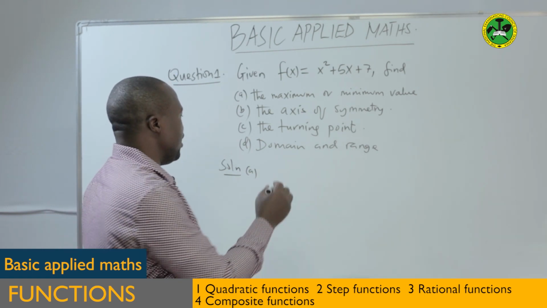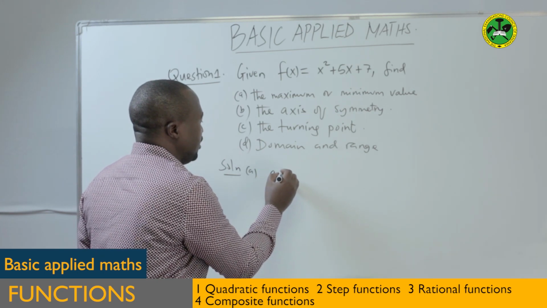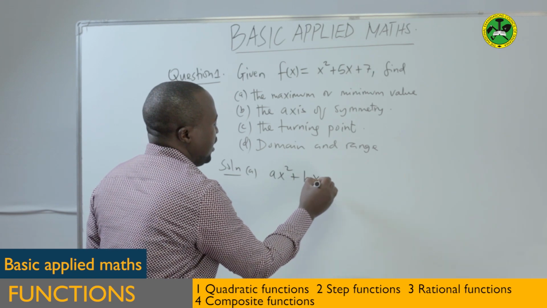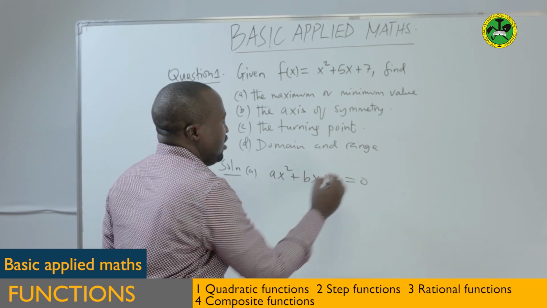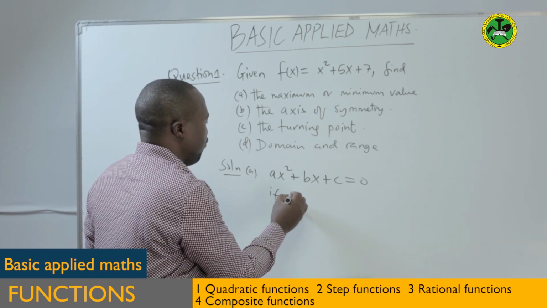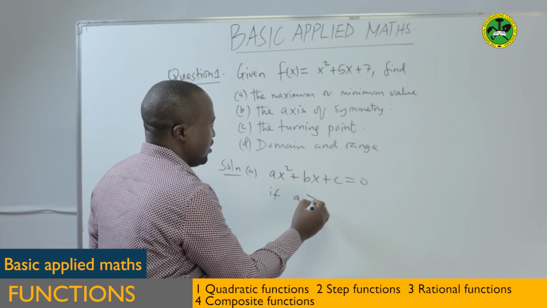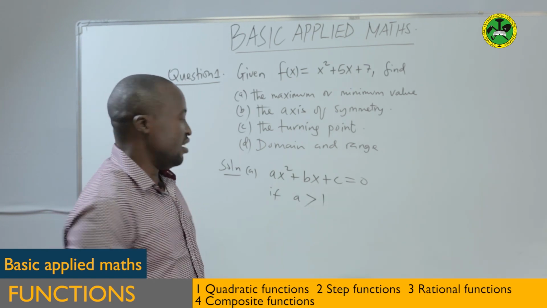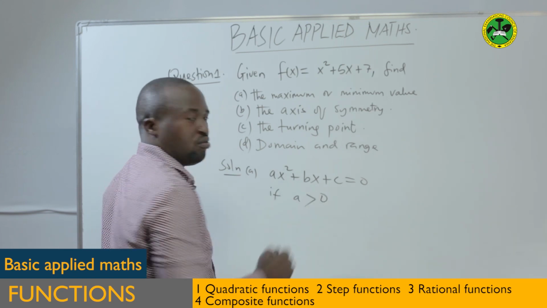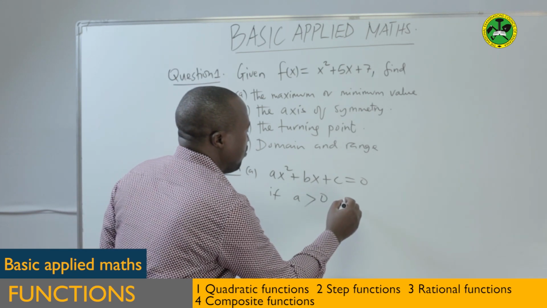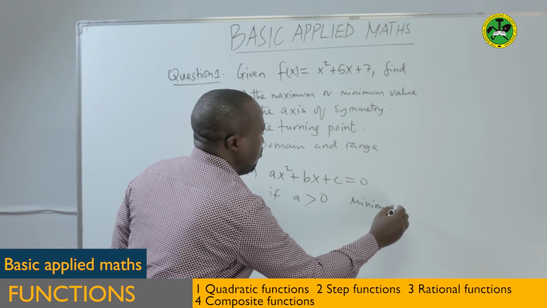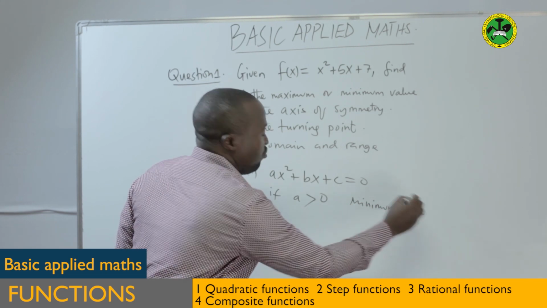First, remember, the form of a quadratic equation is written as ax squared plus bx plus c is equal to 0. Now, if a is greater than 0, then we have a minimum point, that is, we have a minimum value.